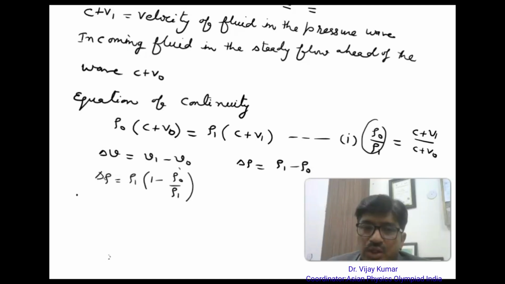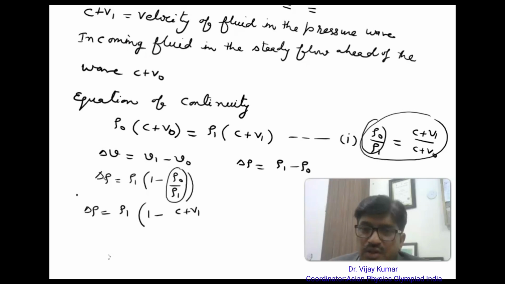Now we put the value of rho naught upon rho 1 from this equation. So delta rho equals rho 1 times 1 minus (C plus V1) upon (C plus V naught), which is rho 1 times (C plus V naught minus C minus V1) upon (C plus V naught).